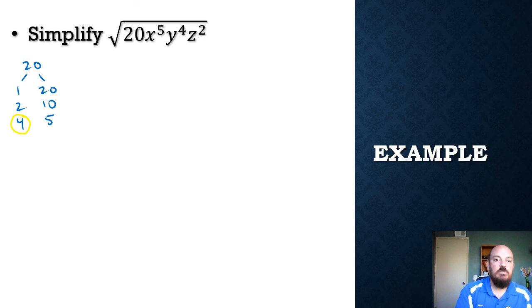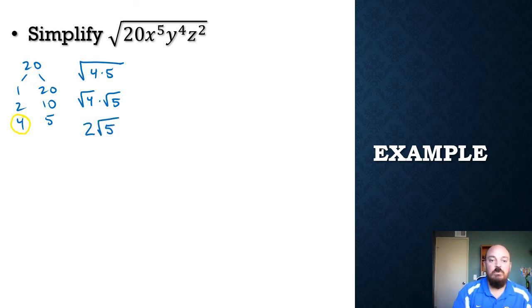I'm going to break the square root of 20 into 4 times 5, and then separate it: the square root of 4 times the square root of 5. I'm going to leave the square root of 5, but the square root of 4 is my perfect square, that's 2. So the square root of 20 is 2 radical 5, or 2 times the square root of 5.